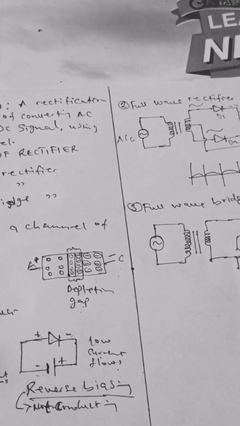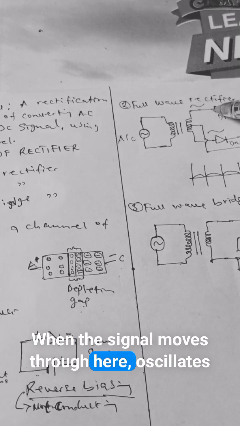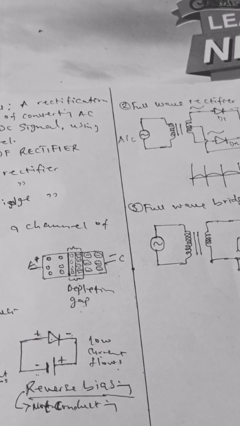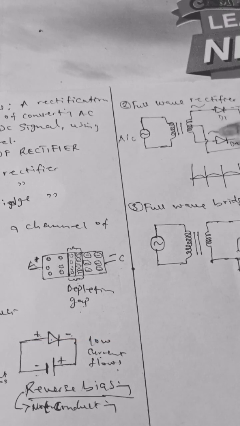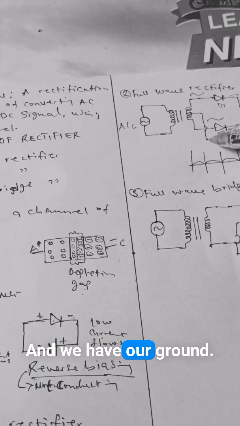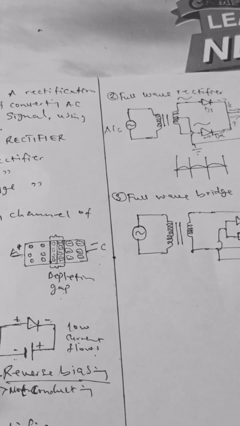So when the signal oscillates here, current flows through here and passes through here. When it comes the other way around, it moves through here and passes through here, and we have our ground here.